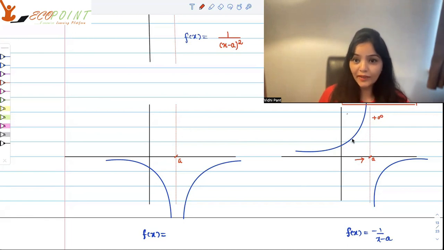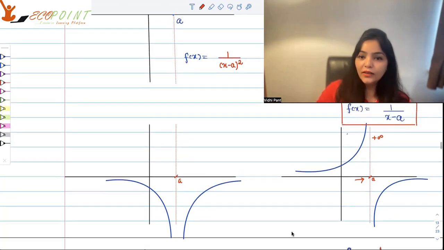Why is that happening? On the left of A, your denominator, x minus A, is negative, and still you're getting plus infinity, because that means in the expression you will have a minus. So this is a graph of minus 1 upon x minus a. And that's why the graph looks like this.